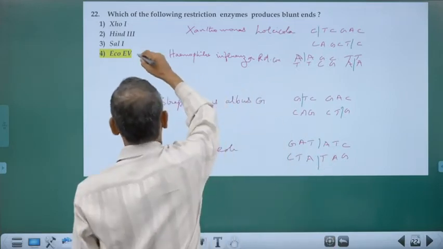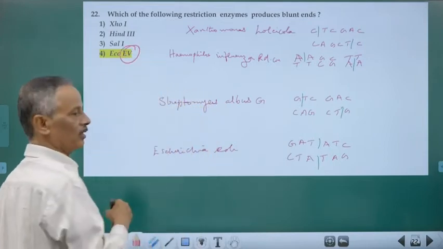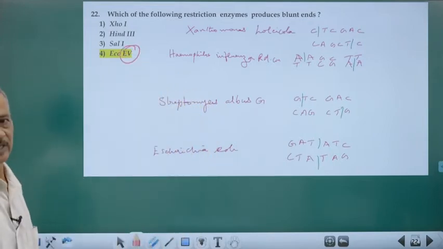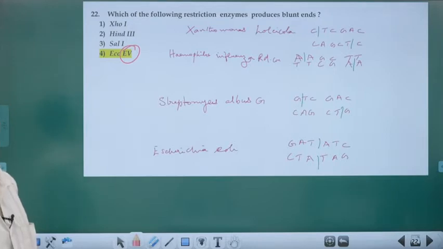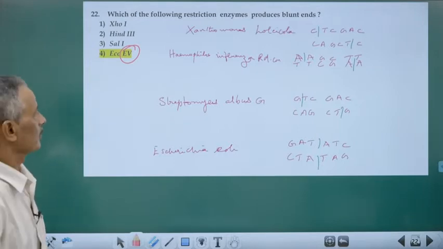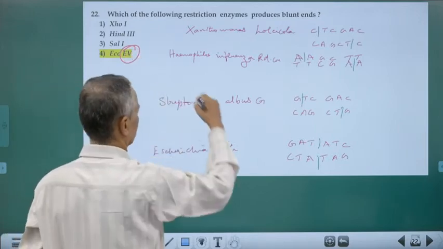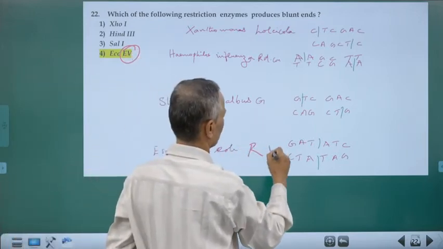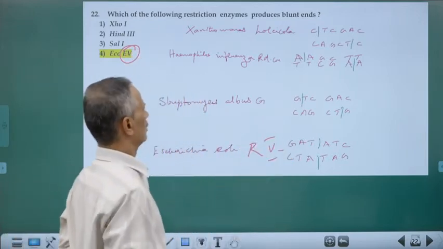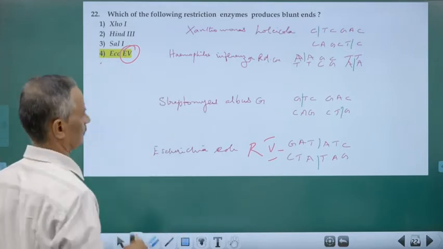So keep it in mind. EcoRI is given in your book, EcoRV is not given in your book. Okay. So it is cutting in the middle of the palindromic sequence, blunt end cutting. Escherichia coli, EcoRV. So this is the answer.